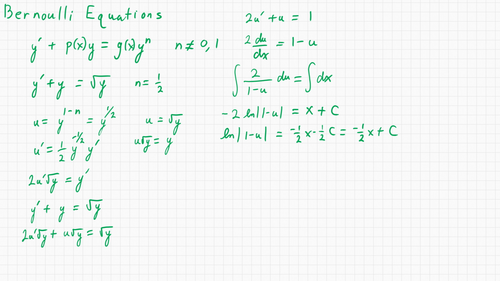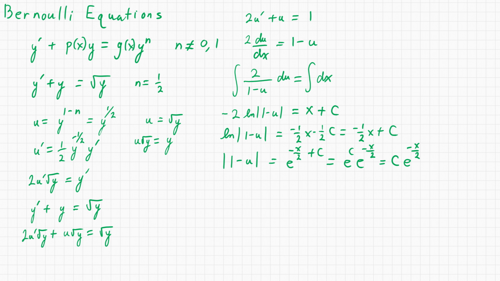All right, then let's go ahead and exponentiate both sides. So that'll get rid of the natural log here. So I have absolute value of 1 minus u equals e to the negative x over 2 plus c. But right, I can rearrange that into e to the c times e to the negative x over 2. Okay, well that ends up being e to the c is still a constant, so we have a constant times e to the negative x over 2.